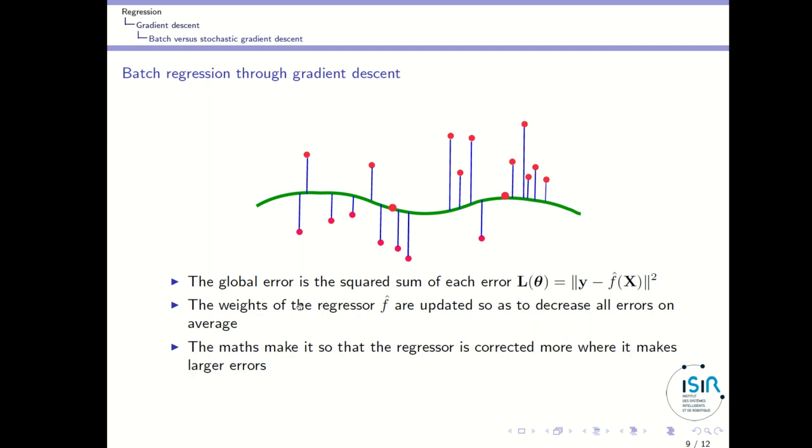So the idea is that the weights theta of my regressor f hat are updated so as to decrease all errors on average. So I want to decrease this error, I want to decrease this error, etc. So using the technique that I have explained to you, just applying gradient descent over theta, at the first iteration, I will decrease the error like this. So I will go closer to the different points.